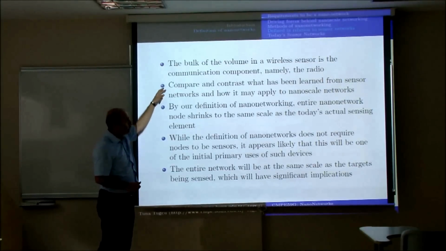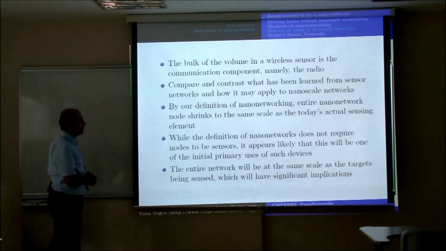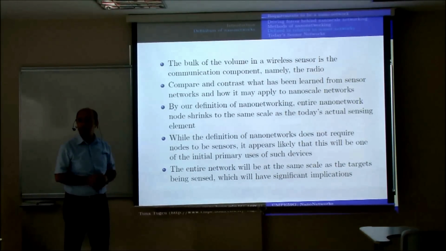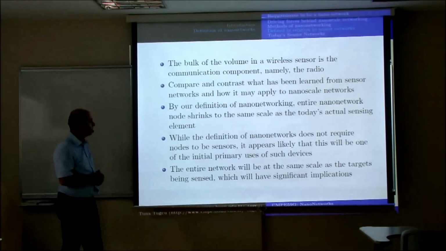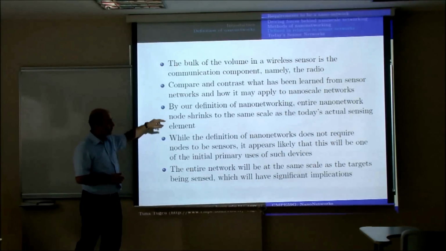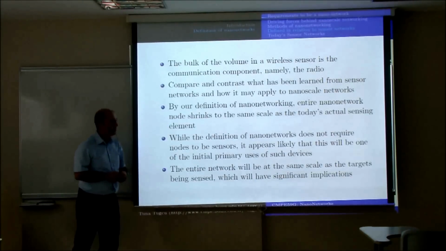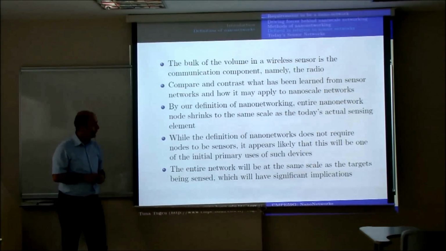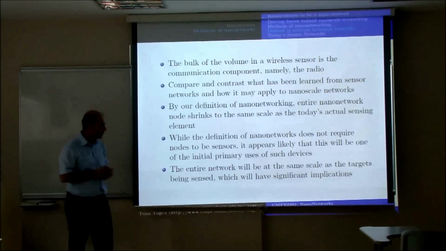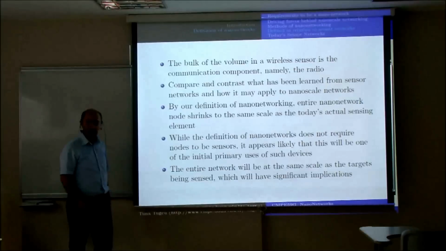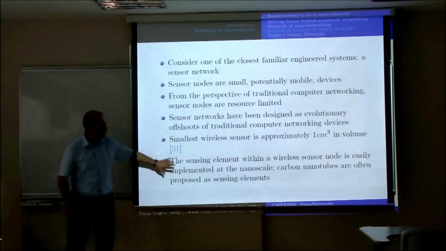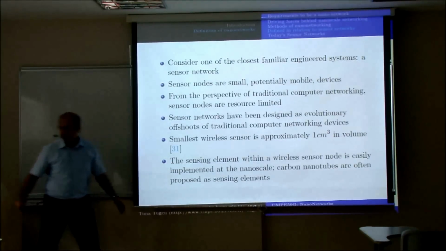So compare and contrast what we have learned from sensor networks, and how can we apply it now at the nanoscale? How can we benefit from that information? According to our nanonetworking definition, the entire nanonetwork shrinks to the same scale as today's actual sensing element, the element being used for the sensing operation here.